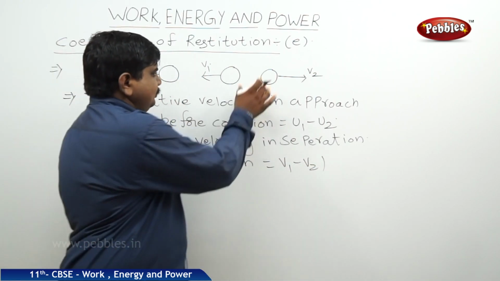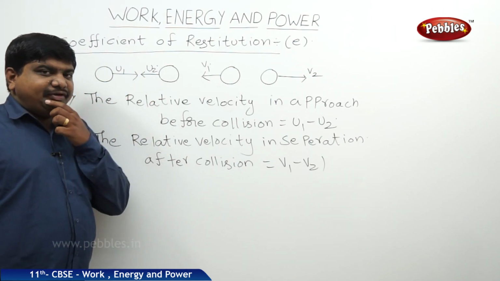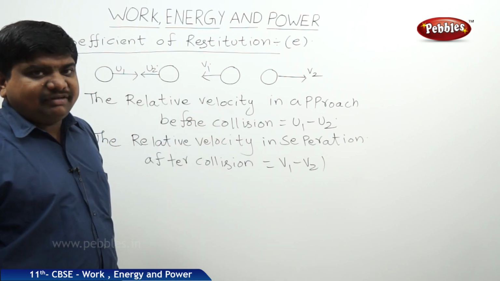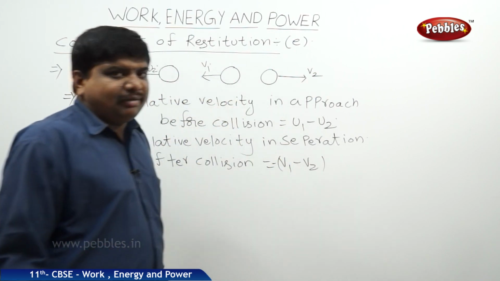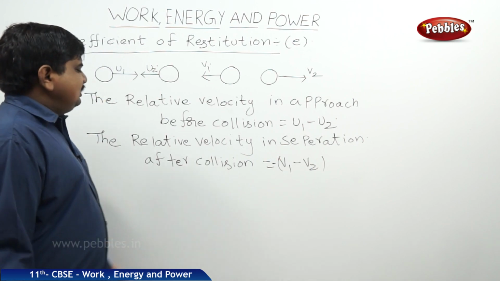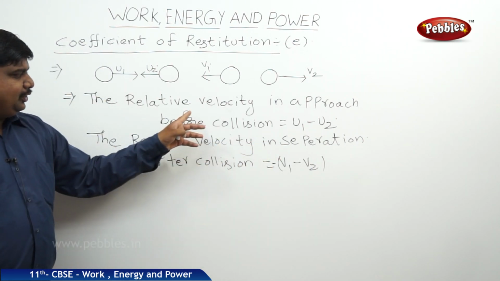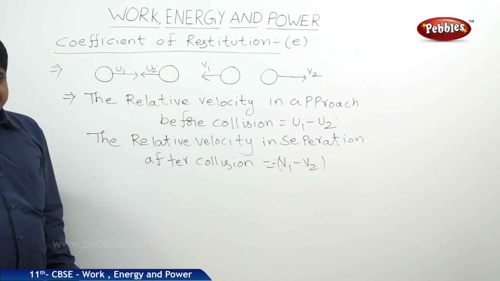But the directions of v1 and v2 are exactly opposite to the directions of u1 and u2. That means the direction of separation is exactly opposite to the direction of approach. That's why, vector-wise, we should keep the negative symbol, which indicates the opposite direction of motion. So the ratio between the separation relative velocity and the approach relative velocity is called the coefficient of restitution.